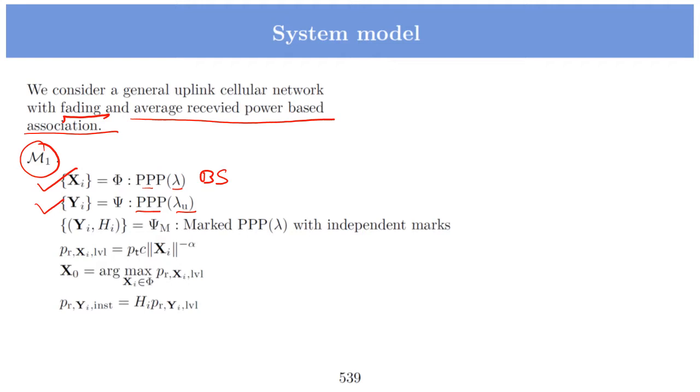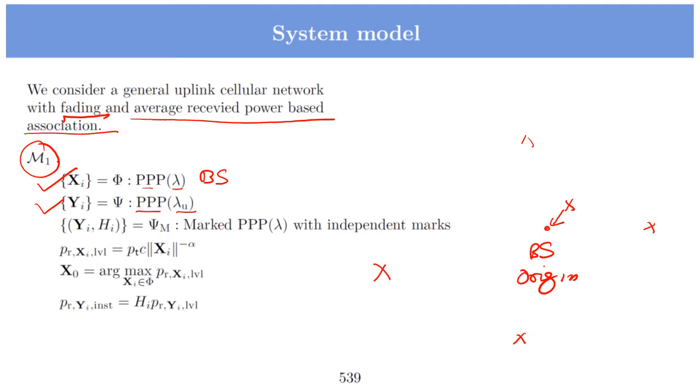Now, because it's uplink, we will consider a typical base station at the origin, and there will be multiple users. Each user is connected to some base station to which they are transmitting. This base station will also have one user which is served by it, and that user will be transmitting to this base station.